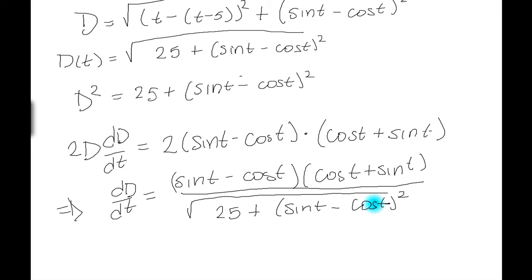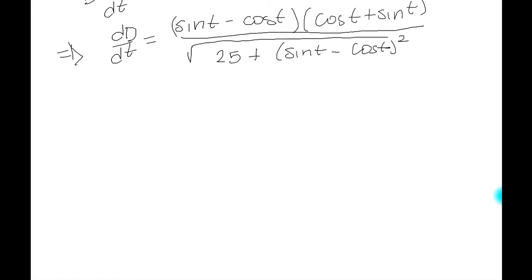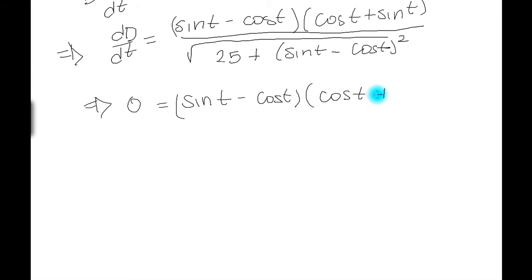Now that we have our derivative, we want to set that equal to 0. So if we set it equal to 0, we have sine of t minus cosine of t, times cosine of t plus sine of t.